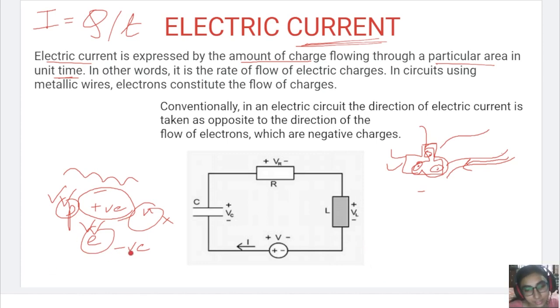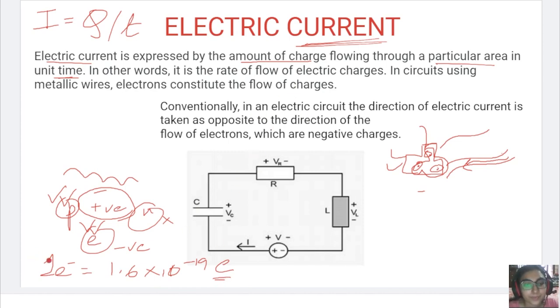So basically, we know that one electron carries a charge of 1.6 into 10 to the power minus 19 coulomb. So by now we know that coulomb is the unit of charge. Like second is the SI unit of time, in the same way, coulomb is the unit of charge. Okay.